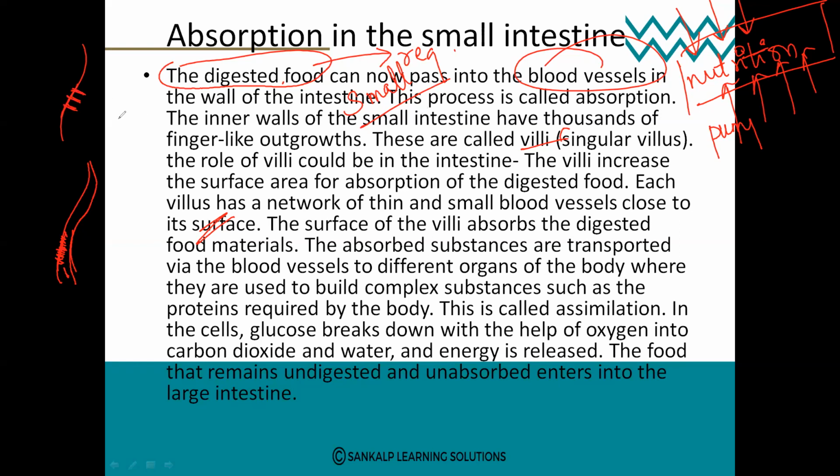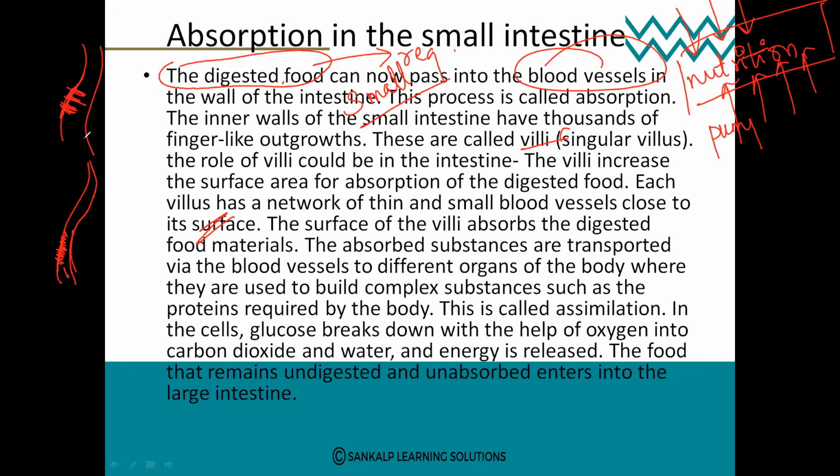So this increases the surface area for absorption of digested food, and thus each villus has a network of thin and small blood vessels close to its surface. The surface of the villi will absorb the digested food material.